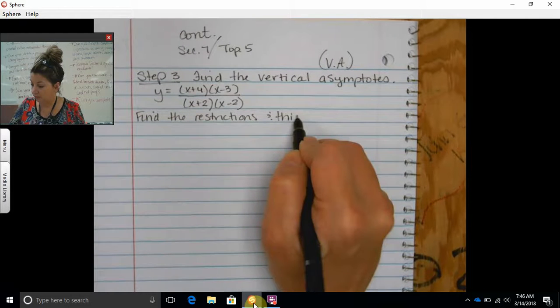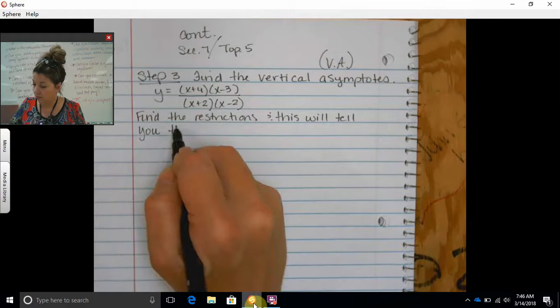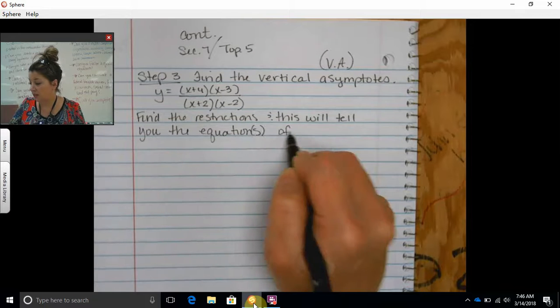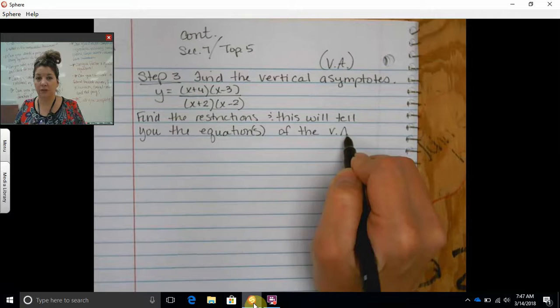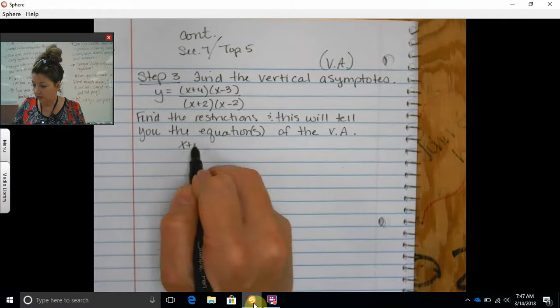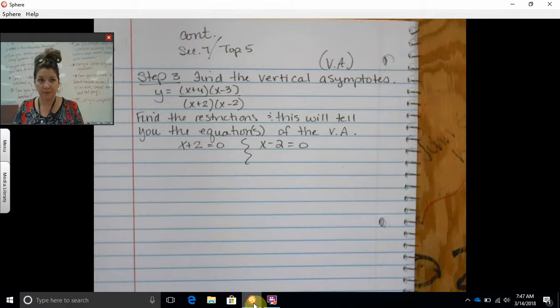And this will tell you the equation or equations of the vertical asymptote, or VA. So to do that, take your denominator only in factored form and set each factor equal to 0. And then just solve for x.